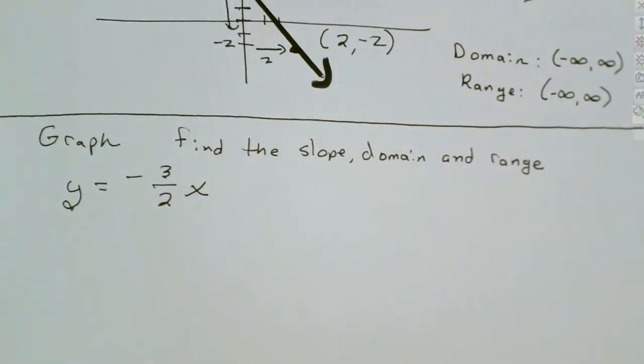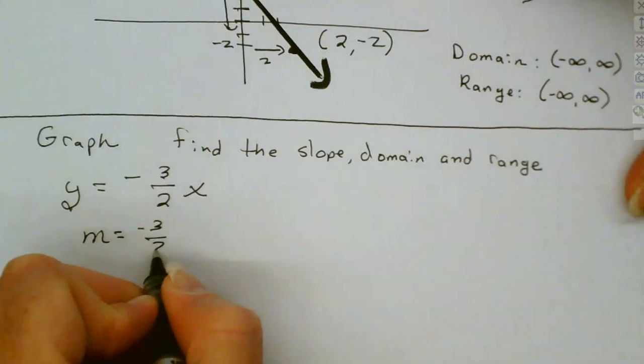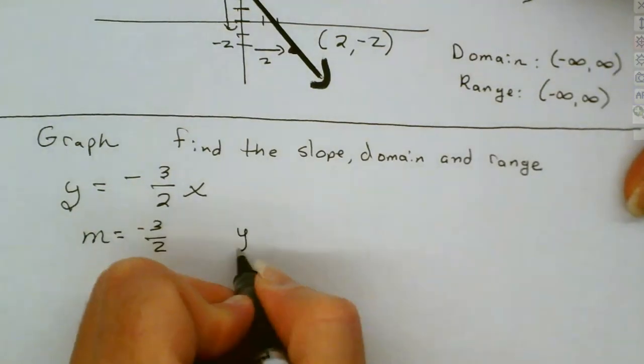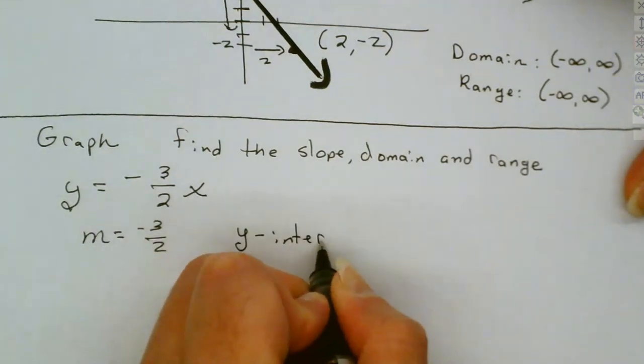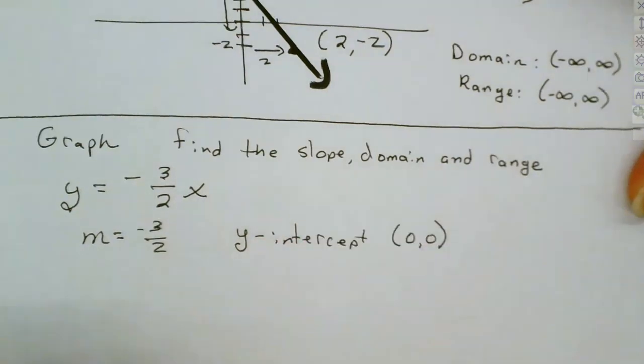And I picked this one on purpose just so we would remember there's no number on the end. So where do you think we're going to start at? 0, 0. Yep, just to make sure you remember, we're going to start now at 0, 0. What is my slope? Minus 3 over 2. And my y-intercept, yep, is the origin, which is 0, 0.